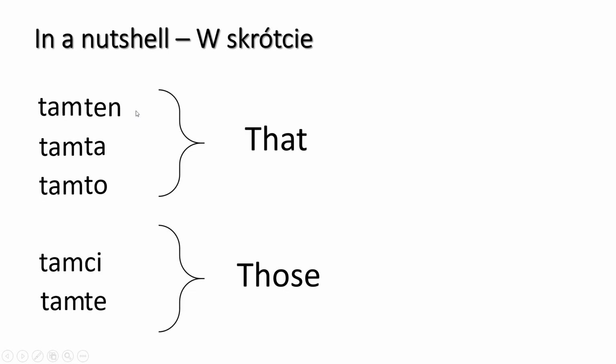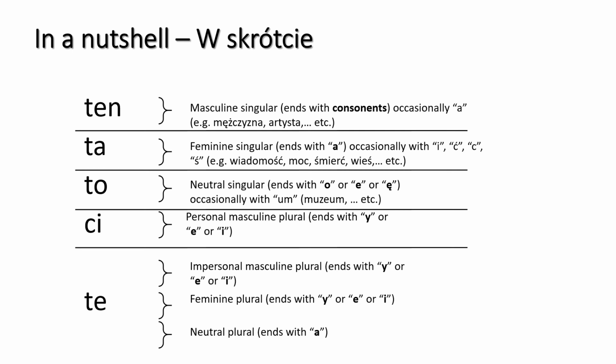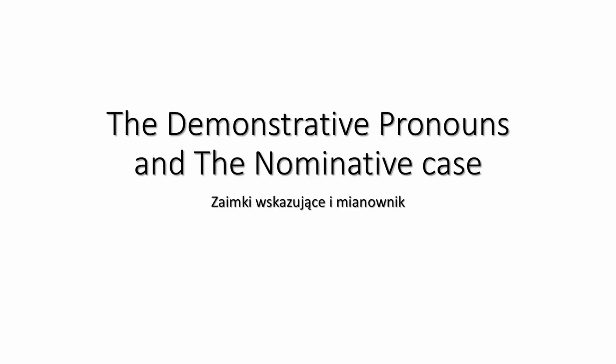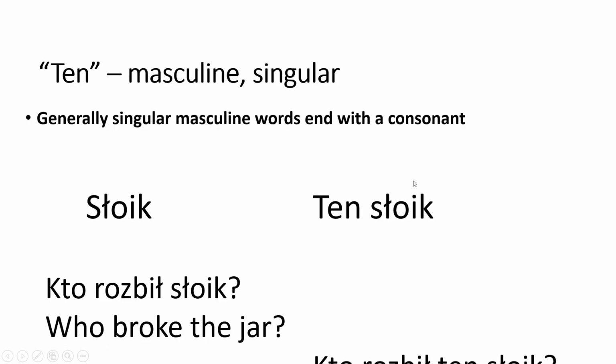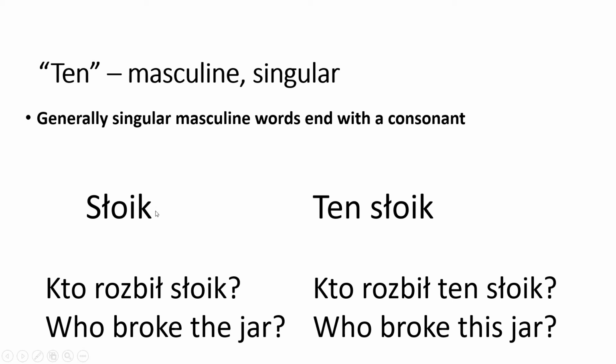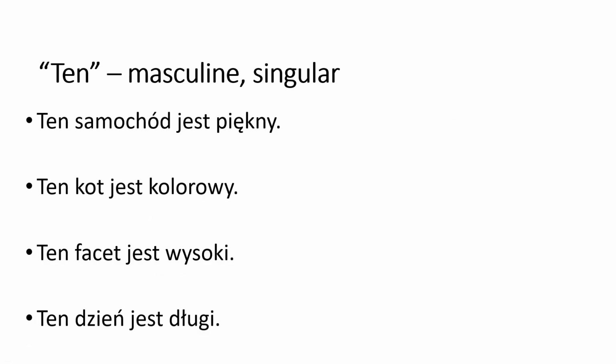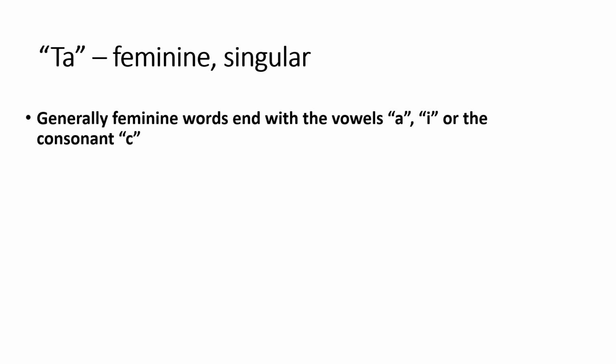Okay, so let's do a quick review, especially when we're talking about demonstrative pronouns and nominative case. As we said, nominative case are all these words that have no strange, weird endings. They're just in the basic form, słoik, samochód, it's not changed, to jest nominative, it's Mianownik.